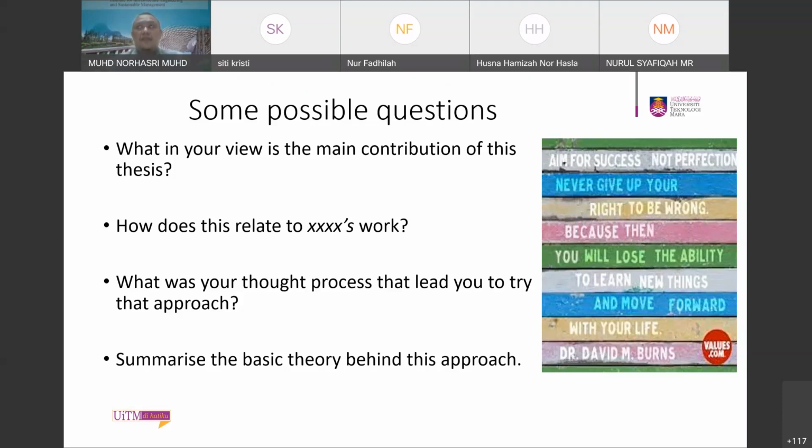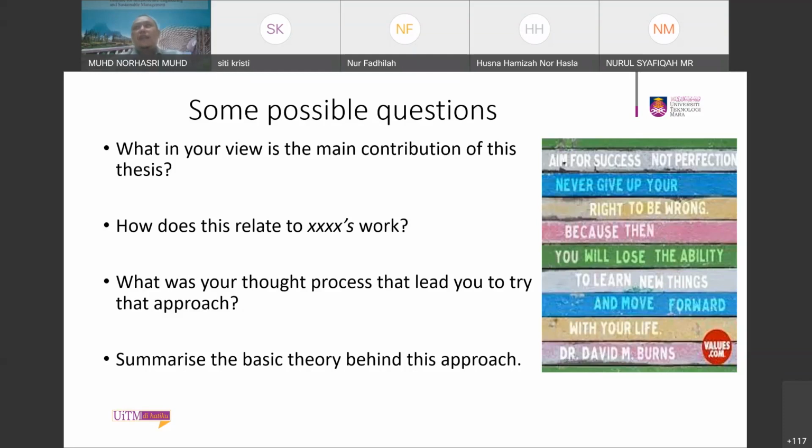Because some of the panels are very good at finding information, maybe they have already prepared when they receive a copy of your work, and they have normally studied what you will be presenting during the presentation time.